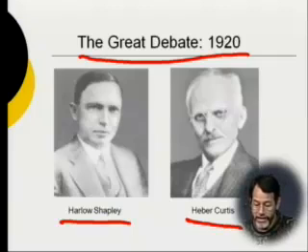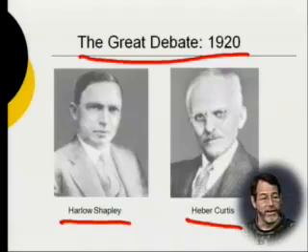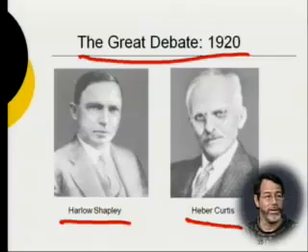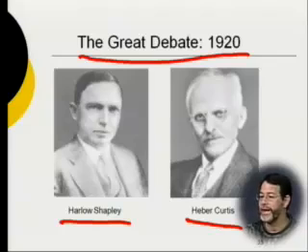He was not considered to be a rising star, but he was a solid astronomer who worked in California. Curtis, and they had a general disagreement. They had actually several disagreements, but the most famous disagreement they had was whether our Milky Way galaxy was alone and essentially an island universe, or whether it was one of many, many galaxies.